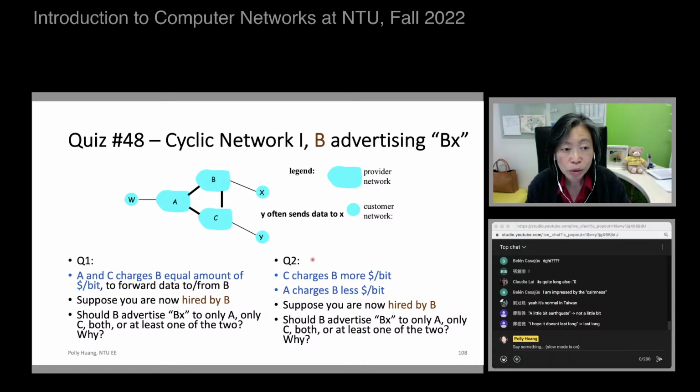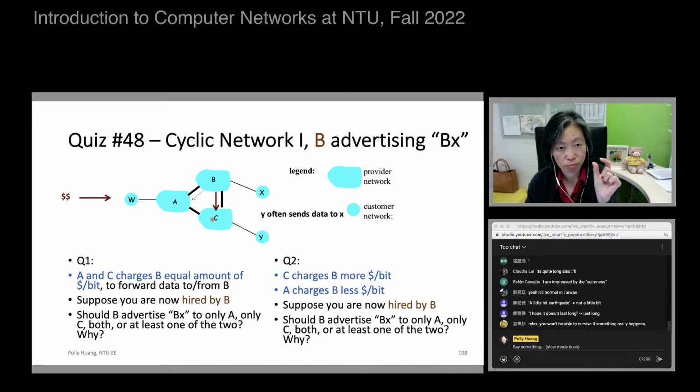Okay. Q2. Now, C and A, these two big ISPs, old-timers, charge you differently. If C charges B more, and A charges less, so the BC money flow is bigger and the BA money flow is thinner.